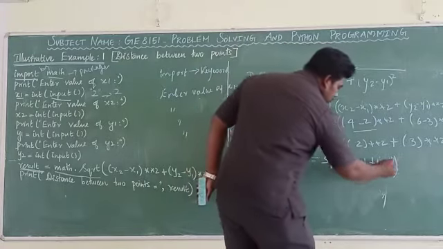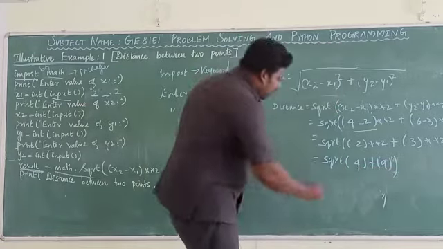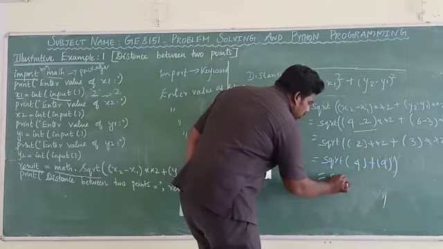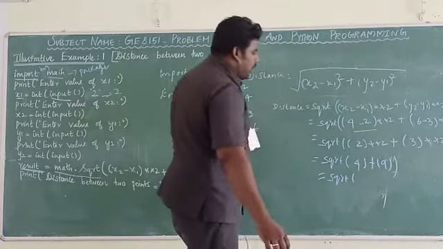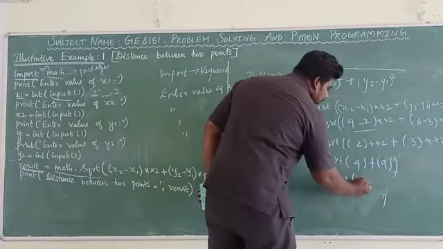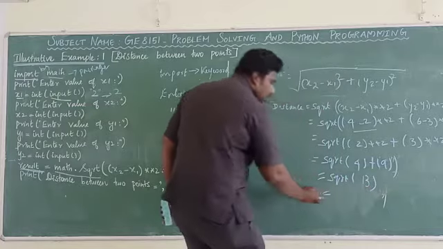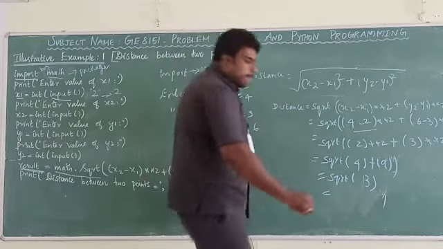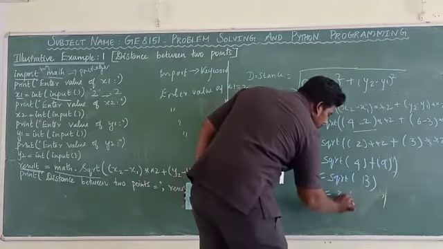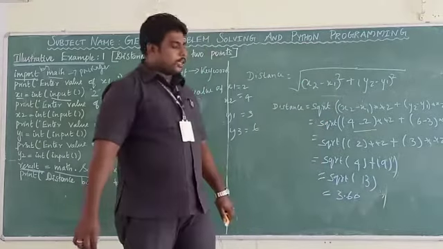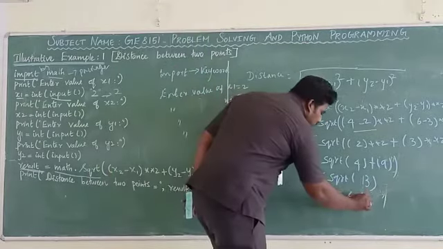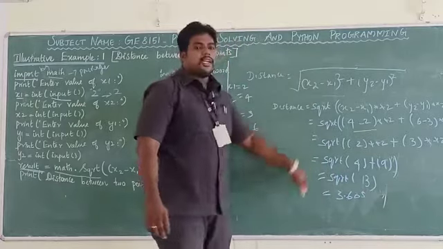Okay. Now square root of, how much? 9 plus 4, it is 13. Square root of 13. Your answer is 3.605 will come. If you want, you can calculate it.